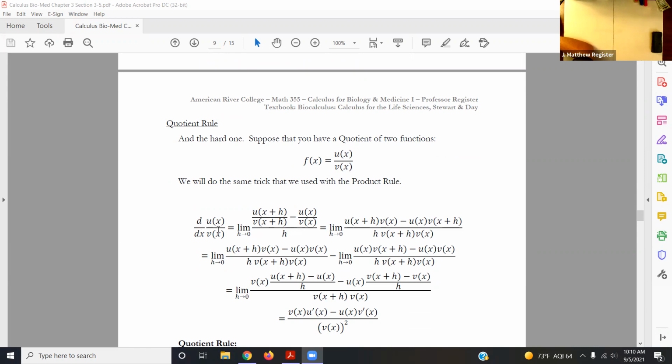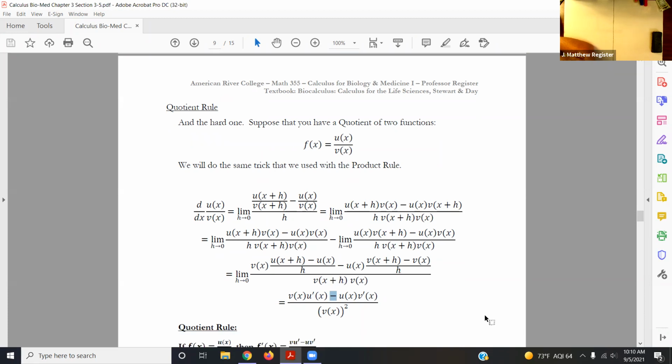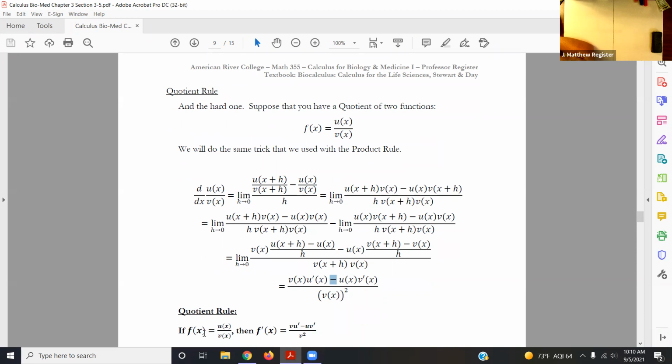The derivative of u over v is v times u prime minus u times v prime over v squared. Because there is this minus sign in there, the order very much matters. So we have this formula: if f of x is u over v, then f prime is v times u prime minus u times v prime over v squared.